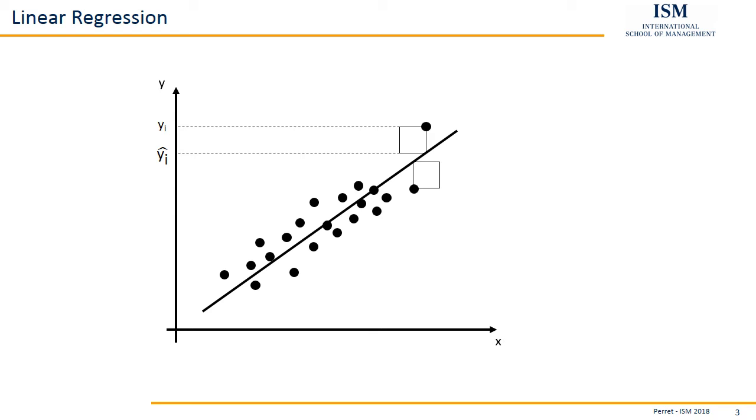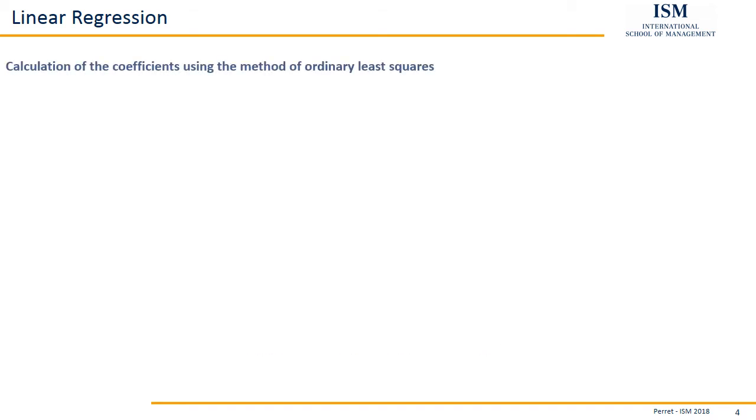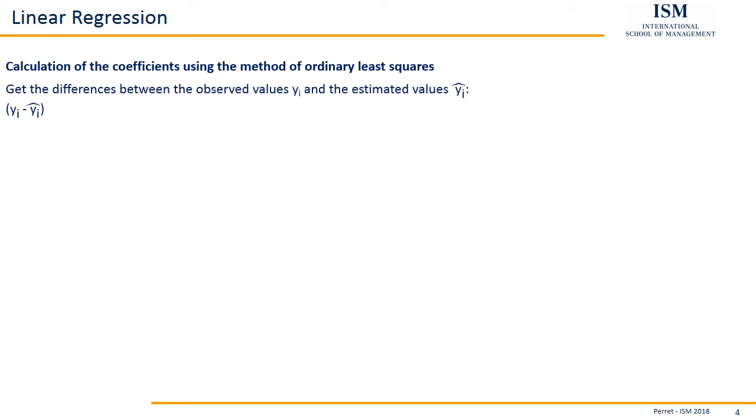For this, let's take one step back and do all the stuff I just mentioned, but in mathematical terms. We first get the difference between observed values and estimated values. This one is squared and summed up for all the different data points.